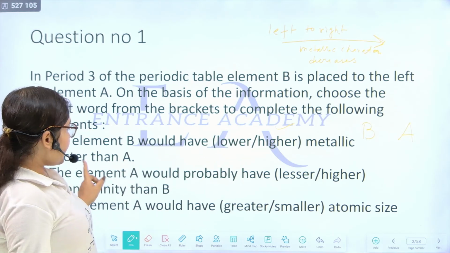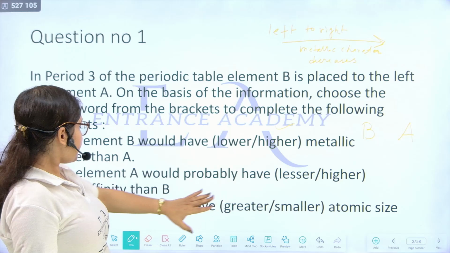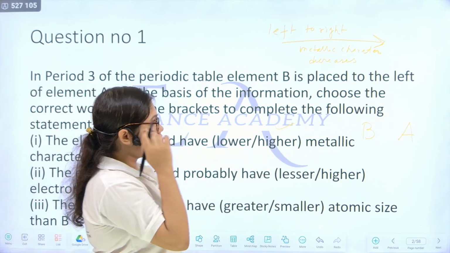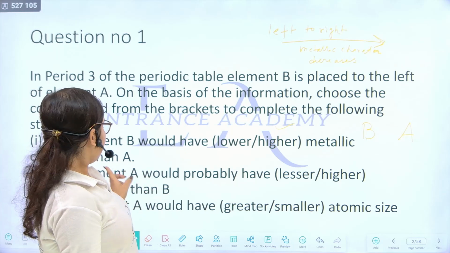Second one: the element A would probably have lesser or higher electron affinity than B. So first we need to know what is electron affinity.